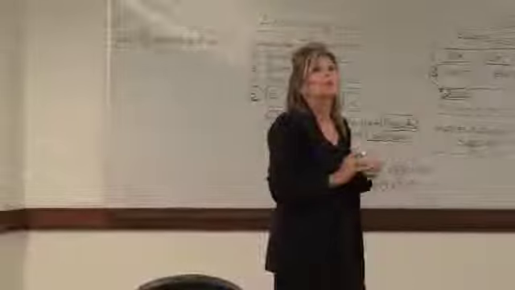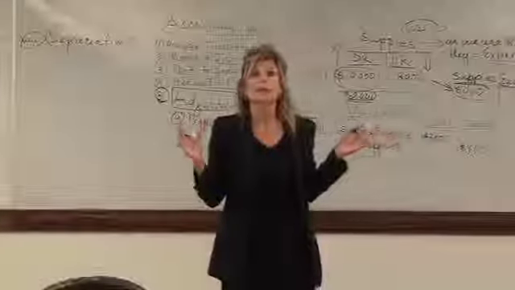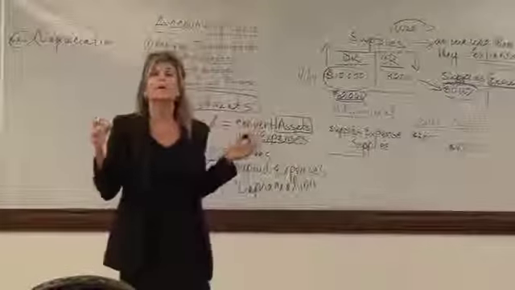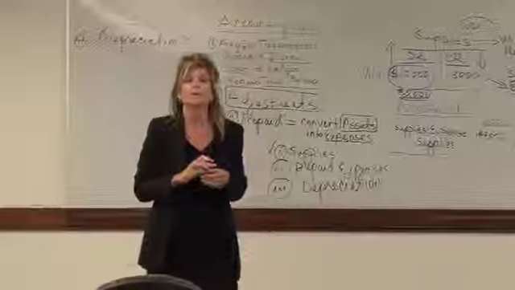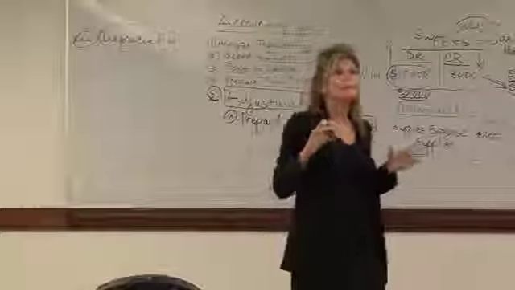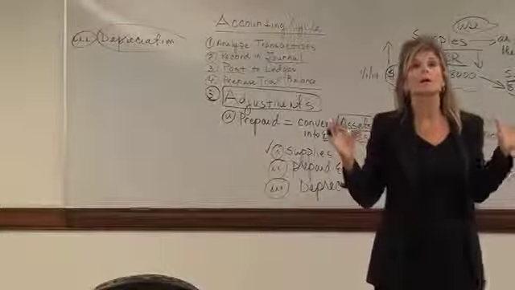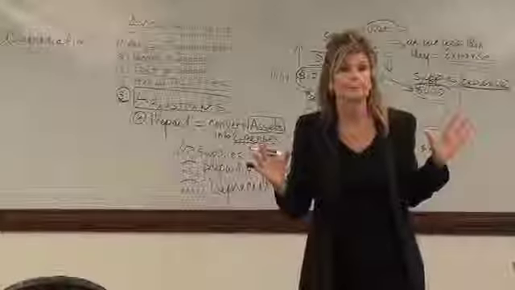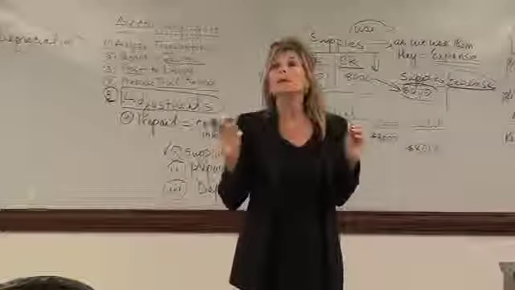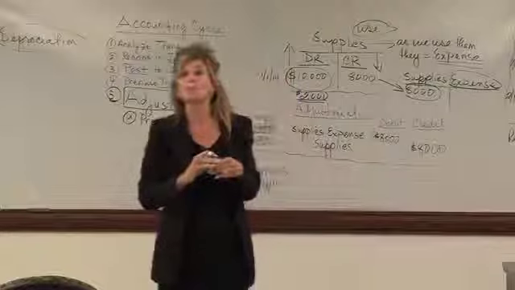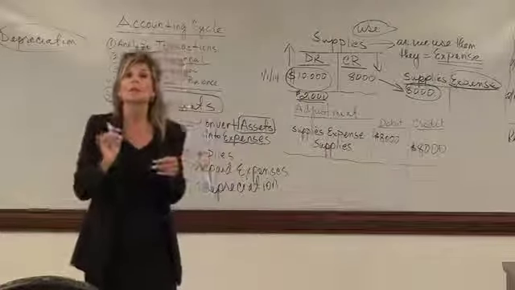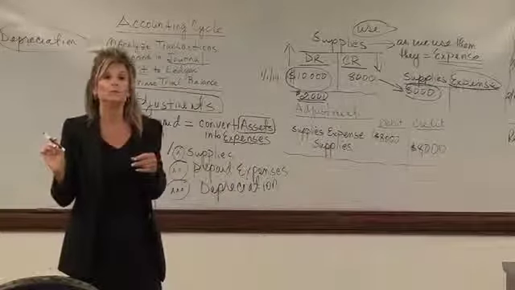So let's pretend we acquire a truck and we pay $25,000 for the truck. And the plan is we're going to use that truck for 5 years. And one of the most popular depreciation methods is called straight line depreciation.